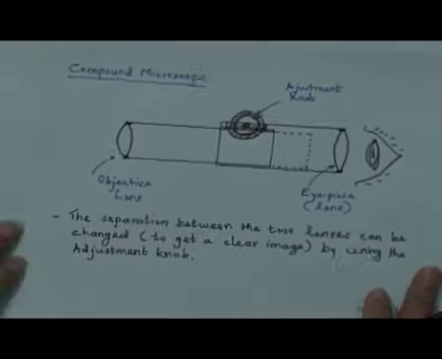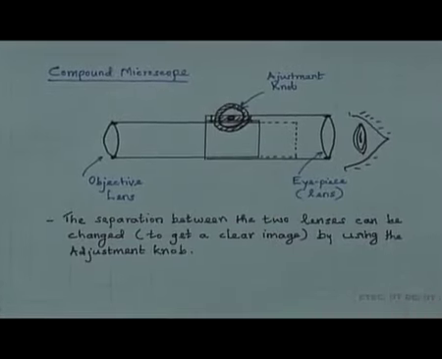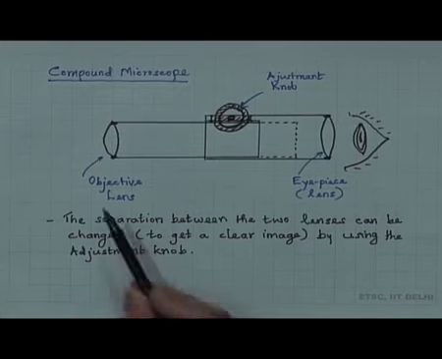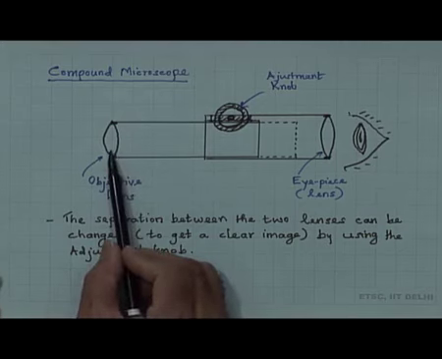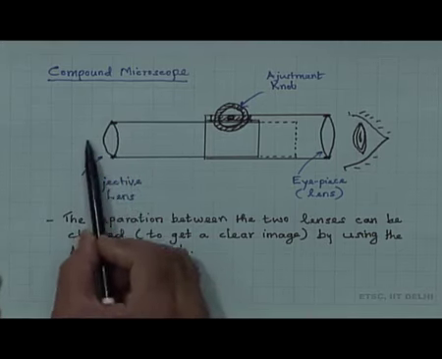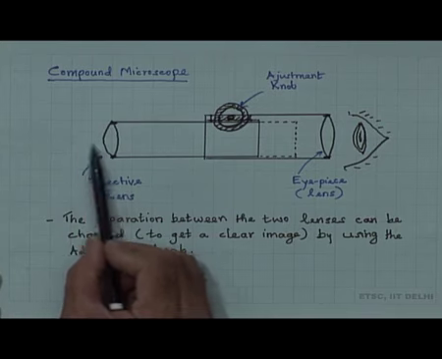First I am showing here a simple diagram of a compound microscope, which comprises two lenses. One lens is called the objective lens, because the object is placed close to this lens.